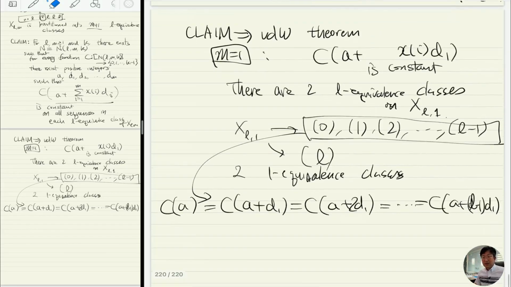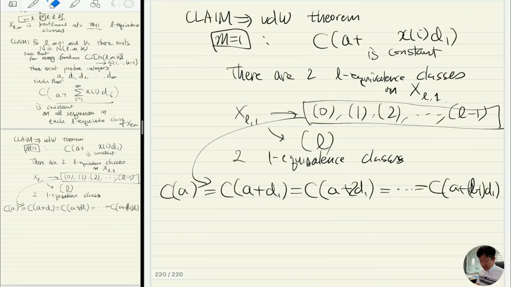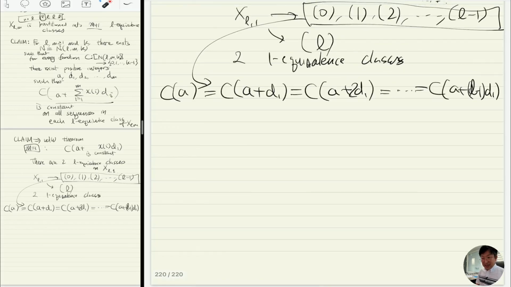So that's why this claim implies van der Waerden's theorem. And it's a bit stronger: not only do you have d1, but you have d1 up to dm. And this actually makes the proof easier.